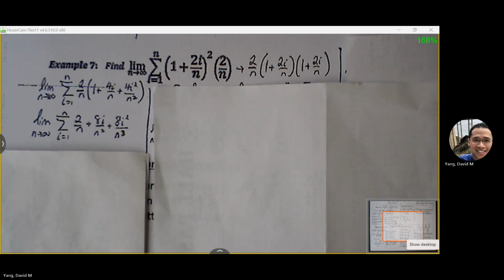Okay. Once I've FOILed out, I'm going to continue expanding the 2 over n through. My goal is to get rid of all the parentheses so I can see each of my 3 fractions, and each fraction will have its own summation rule applied to it.